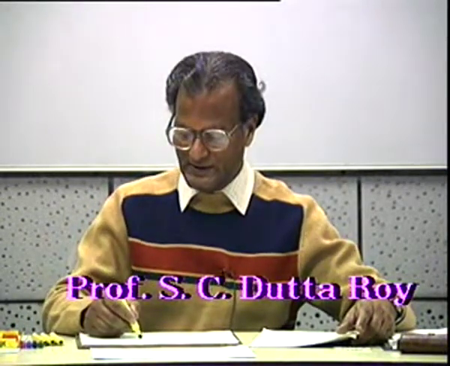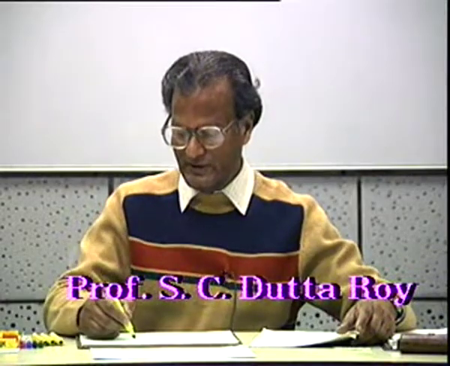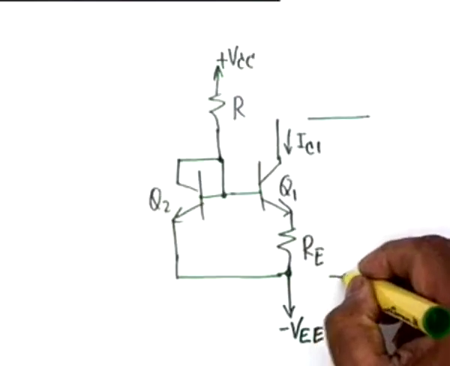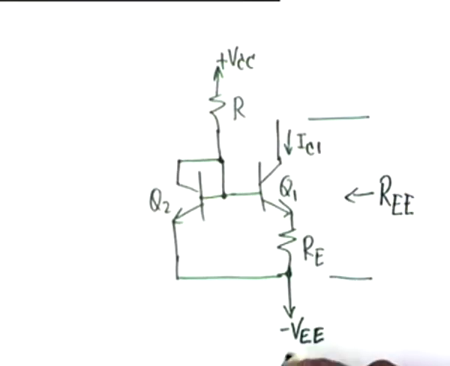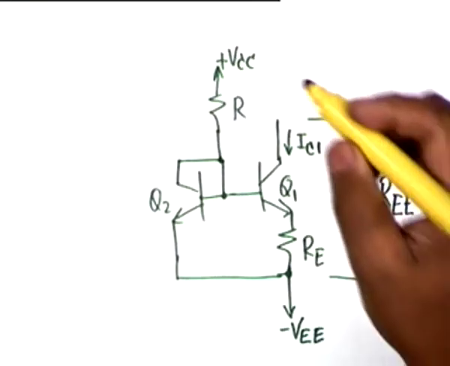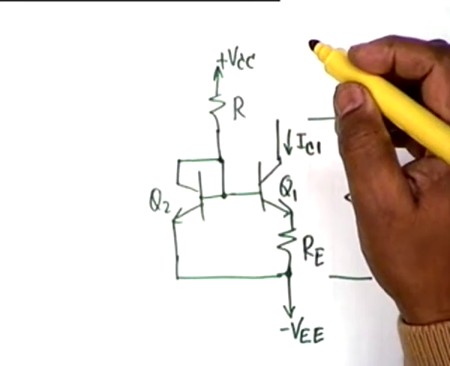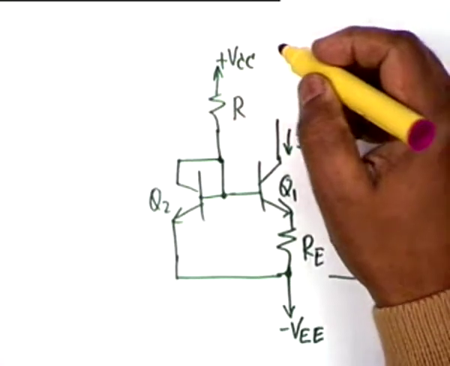Now this transistor is Q1, and our interest was to find out the effective resistance, effective REE, offered by this transistor current mirror. We wanted to calculate this, and in the process we had taken some numerical values to illustrate, which we shall require now.